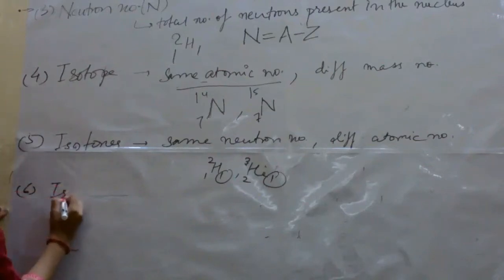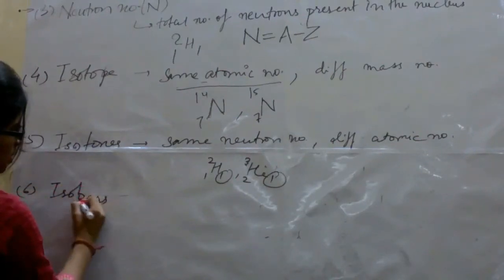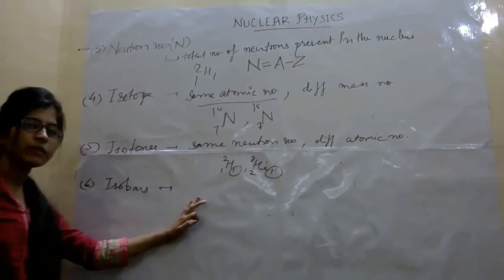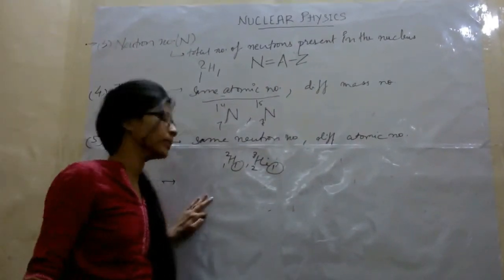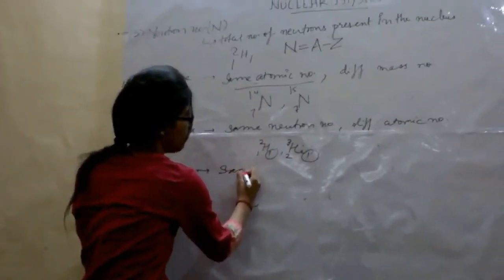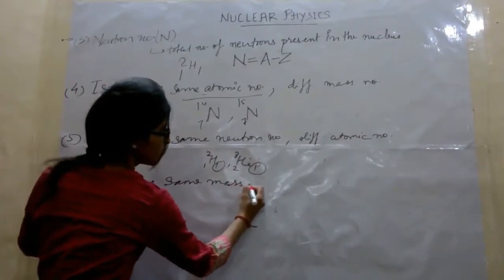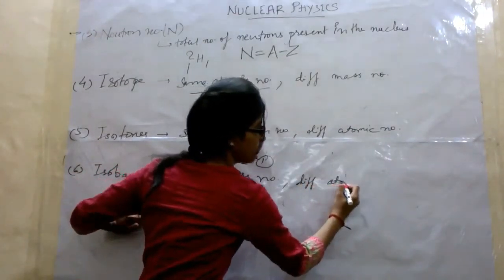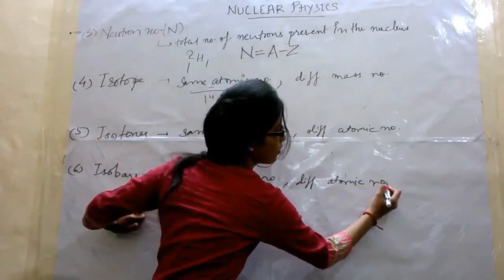Next we have isobars. Isobars are the category in which we have the same mass number but different atomic number. Same mass number and different atomic number.